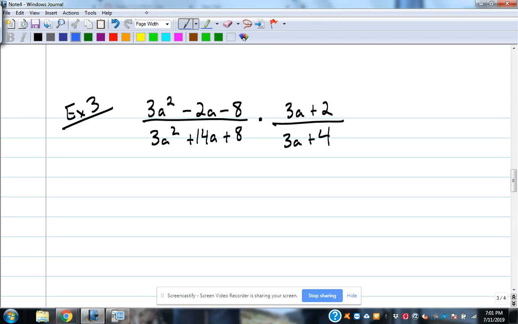So it's going to be an x method of factoring for this. 3 times negative 8 is negative 24. Negative 2 in the bottom. So 3 times 8 is negative 24. Negative 2 from the middle. We want numbers that do that. So that'd be negative 6 and positive 4. And because there's a number in front of the square term, we need to go through the grouping step.